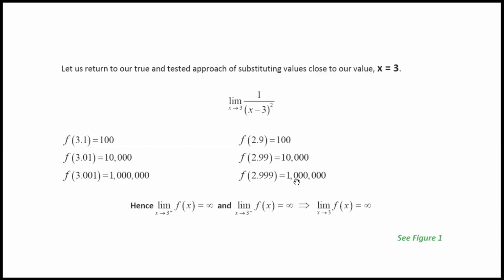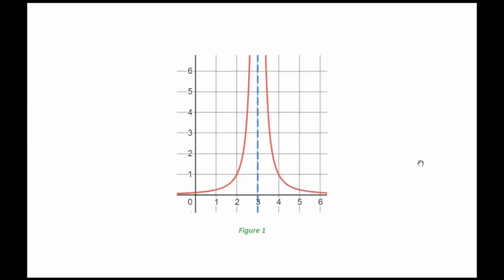And so it looks like it's trending towards infinity. And since the limit to the left and limit to the right are the same, based on the earlier lessons, we can say the limit is infinity. And there's a graph of this situation that seems to support that on both sides of 3, it's going upward towards infinity.